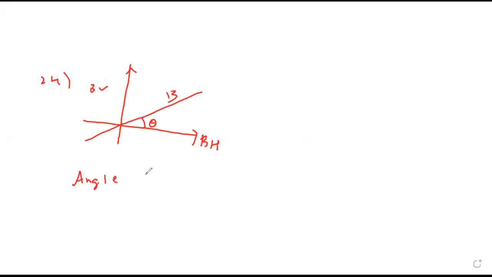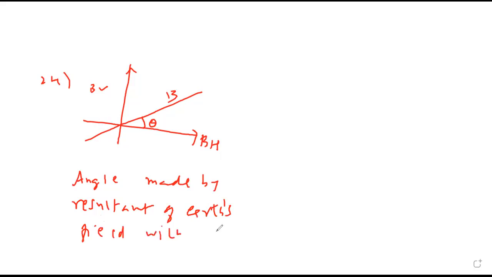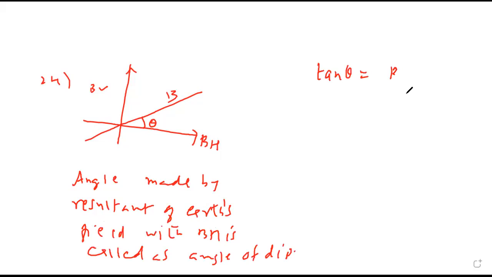The angle made by the resultant of Earth's field with BH is called angle of dip, given by tan theta equals BV upon BH.